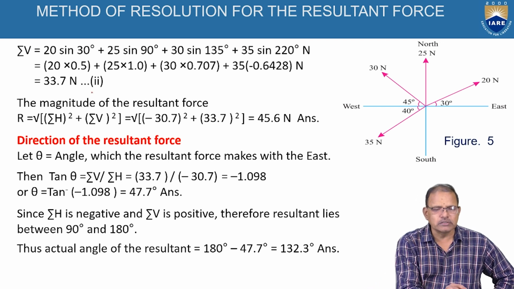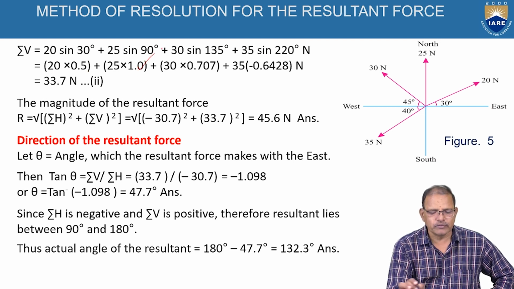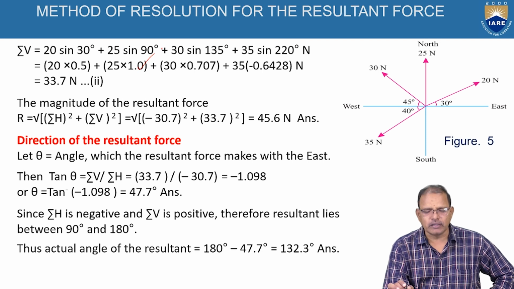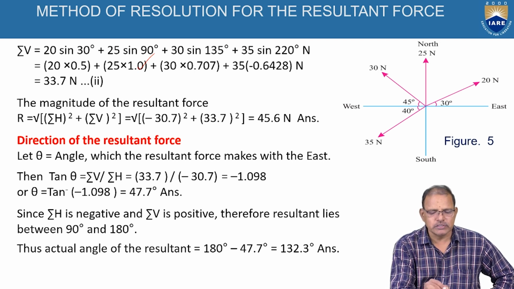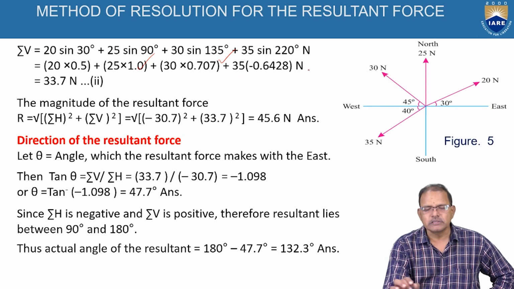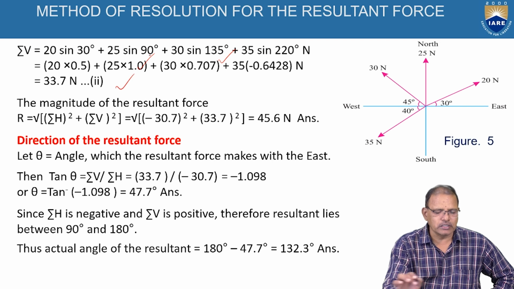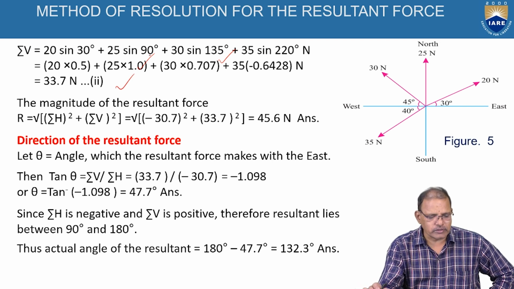So the total value: sin 30 is 0.5, 20 into 0.5. Sin 90 is equal to 1, 25 into 1. 30 into sin 135, it is in the second quadrant, sin is positive, which is equal to 21.2. And in the third quadrant, sin is negative, 35 into minus 0.6428 newtons. So the total is 33.7 newtons.